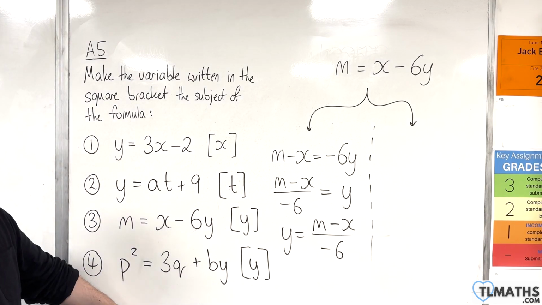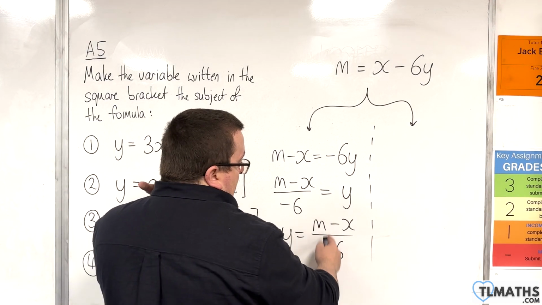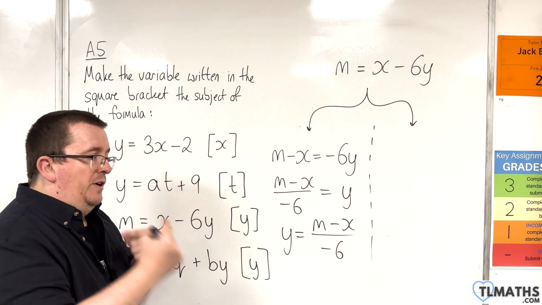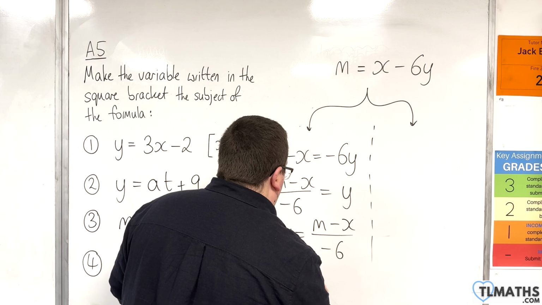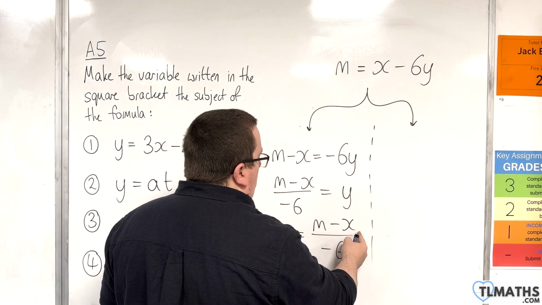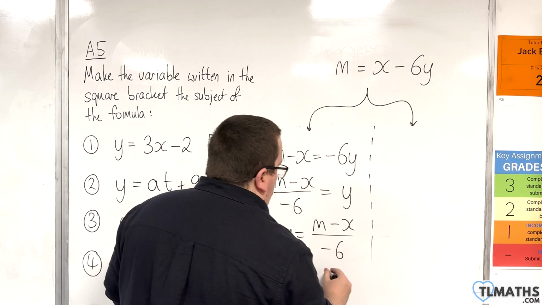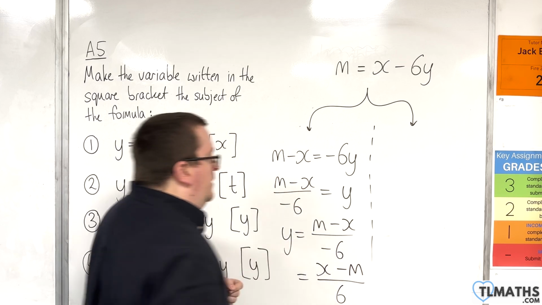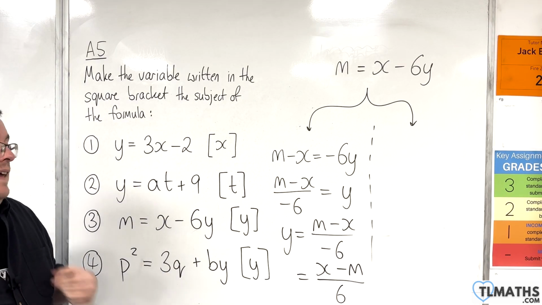Now, I don't particularly like having this dividing by minus 6. So you could multiply top and bottom by minus 1. And what that'll do is give you minus m plus x over 6, which you could then write as x take away m over 6. So you could write it that way round, and that would probably be neater.